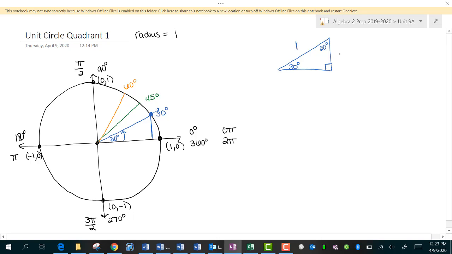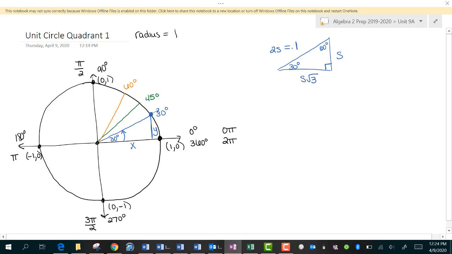So across from my 30 degree is S, across from 60 is S root 3, and then across from my 90 degree was 2S. And then this will help me actually figure out the X coordinate and then the Y coordinate. And that's why I didn't use X in this case.